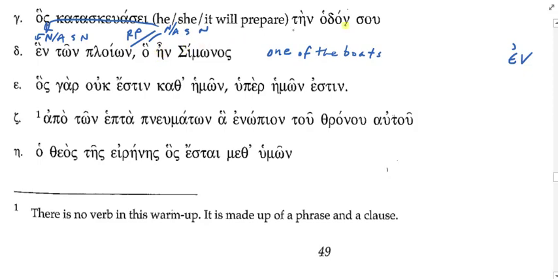Okay, see that? All right. Now, what's ēn mean? Well, it's not present tense. Which was. And then Simōnos. Whose name is that? What case is it?